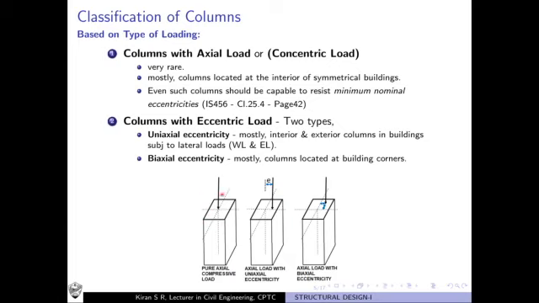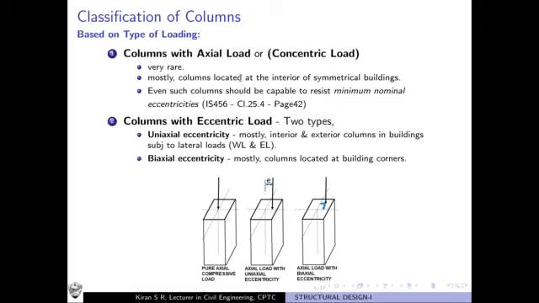As a result, the Indian Standard Code recommends that even such axially loaded or concentrically loaded columns should be designed to resist minimum eccentricities in loading also. So what are these minimum eccentricities in loading? We will discuss later.